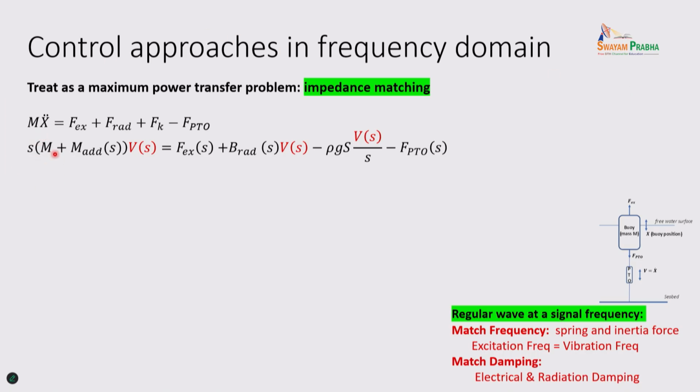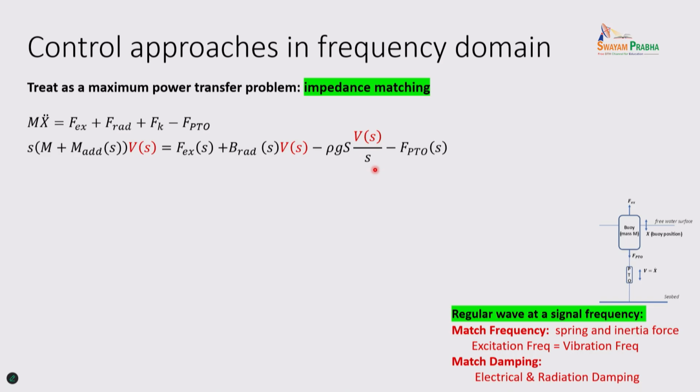That is your physical mass, this is your added mass, and mass times acceleration will be the force. s times velocity is the acceleration. Now you have the excitation force, then the damping force times velocity, and stiffness times the integration of velocity, the displacement, where 1 over s is the integration. You have the PTO force. So you have velocity here.